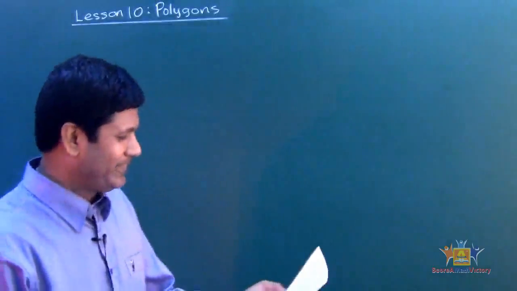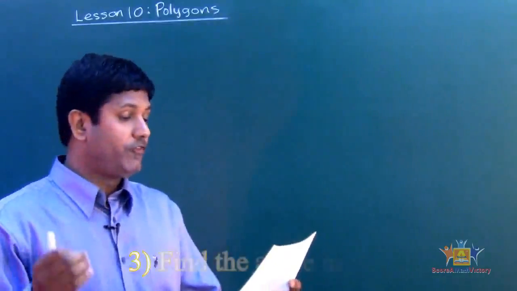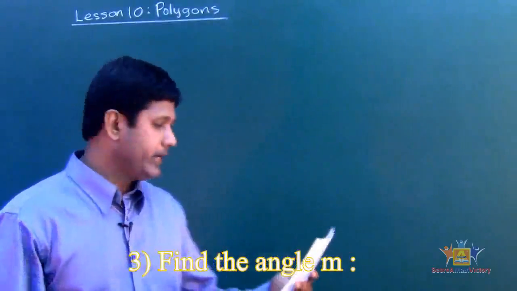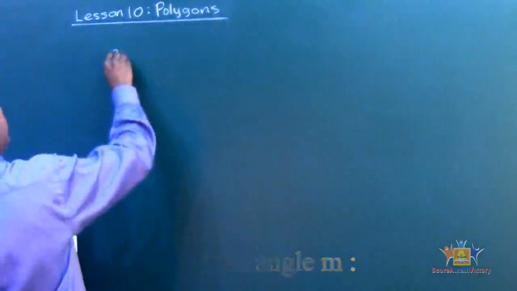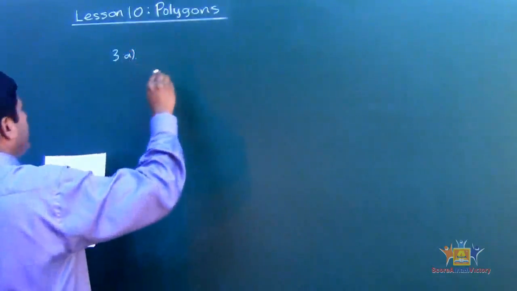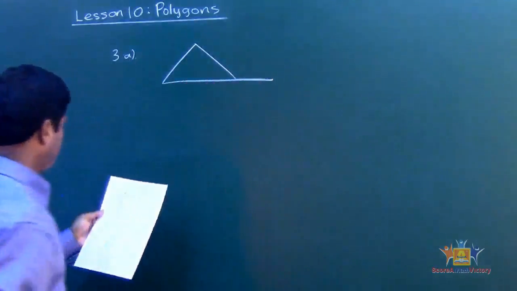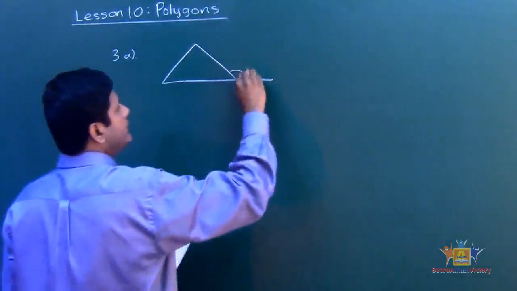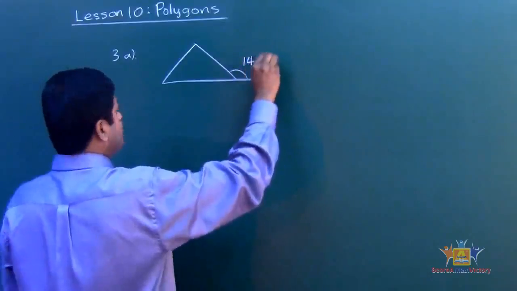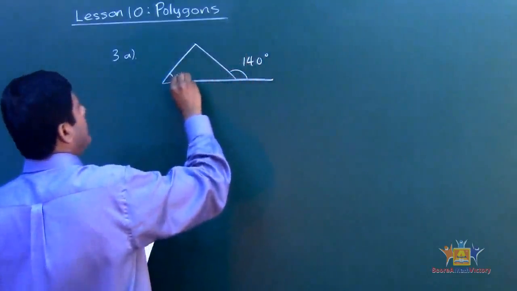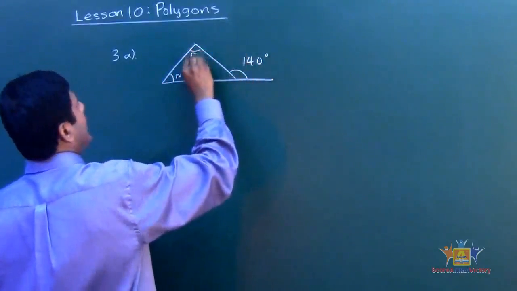Alright, my dear students. Problem number 3 says find the angle M. Let's draw the diagram. So problem 3A, you're given a triangle with a line extended, and you're told this angle is 140 degrees, right here is M, and this one is 80 degrees.